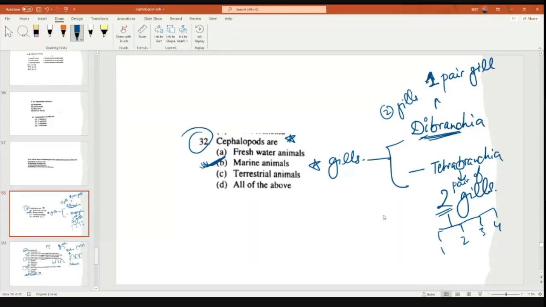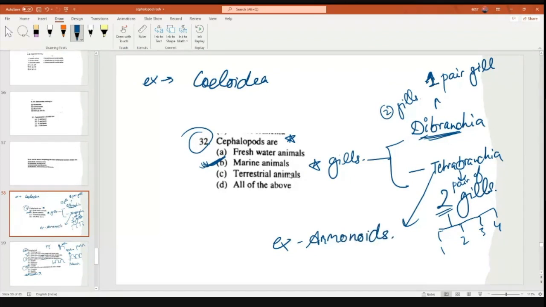An example of tetrabranchia is nautilus, and ammonoidea. This is the example of the dibranchia and tetrabranchia. You have to note down the cephalopod subdivision on the basis of the gills.